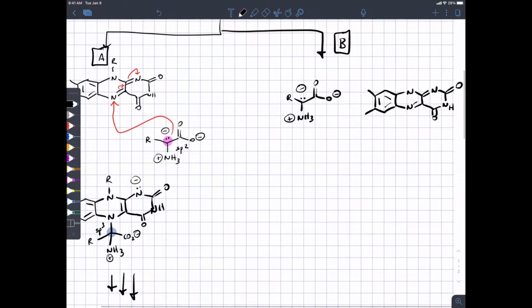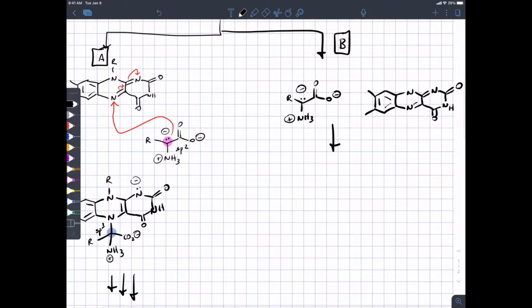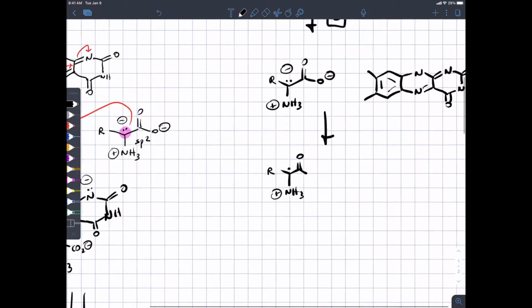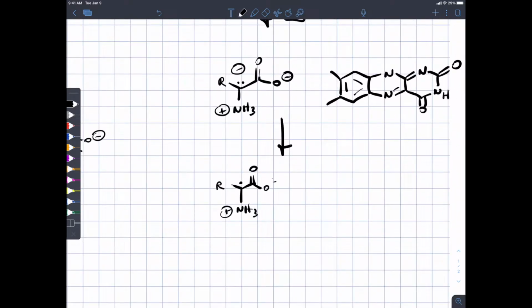So what would that look like? Well, that's kind of hard to draw, except after the fact the alpha carbon on your amino acid is going to be neutral.